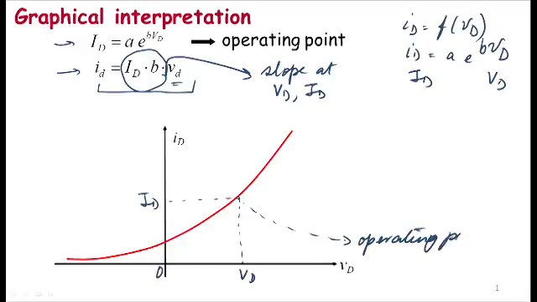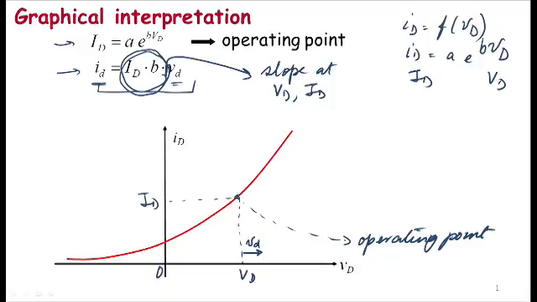Next, I said in the method, let's choose a small variation, a small input. We call that small v, small d, and we said, let's try to find out what the output looks like. So the output was ID, and to find out what ID looked like, we're going to take the slope of the function at the point VD, ID. So this is the point VD, ID.